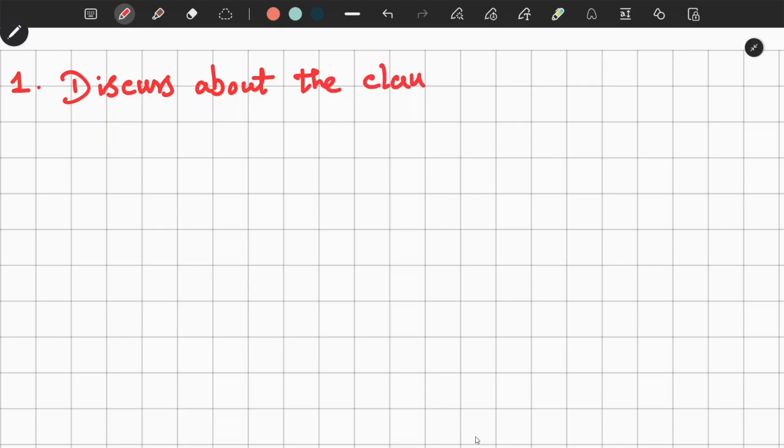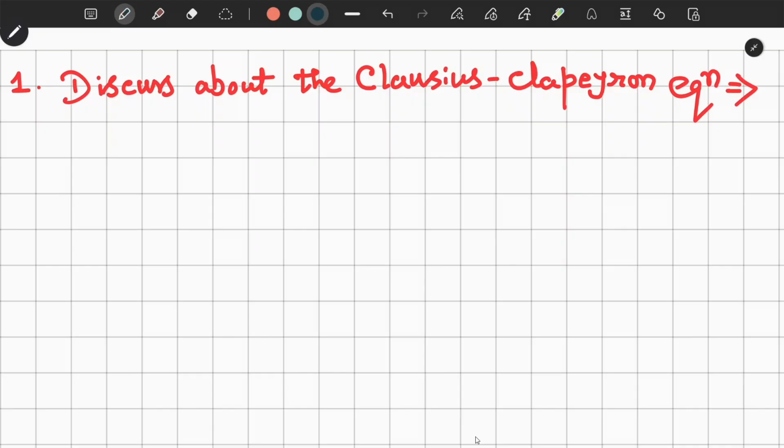I'm writing the question: discuss the Clausius-Clapeyron equation. So what is the Clausius equation?